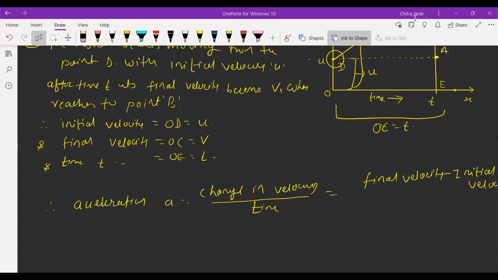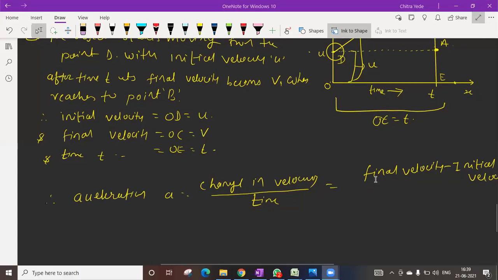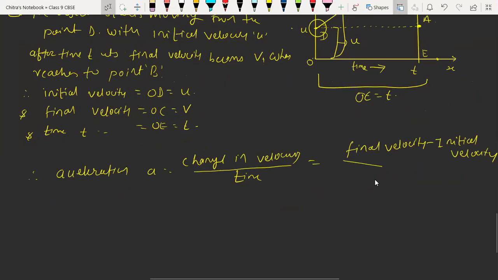Now I'm going to place the values here. Final velocity minus initial velocity divided by time t.